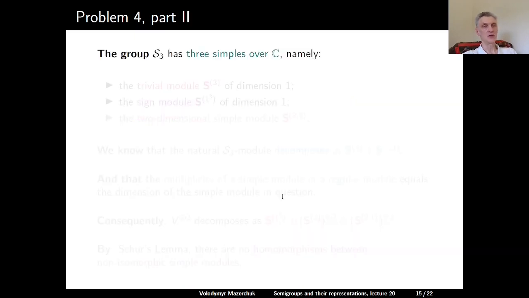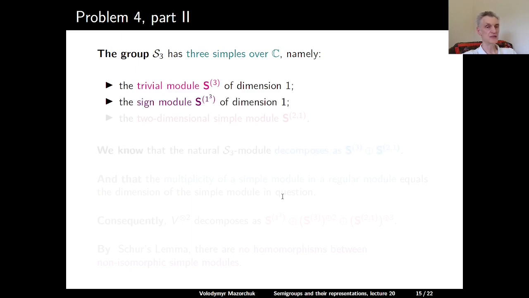Now let's recall what are the simple S3 modules. The group S3 has 3 simple modules over the complex numbers. Namely, we have the trivial module, the Specht module for the partition 3. It has dimension 1. We also have the sign module, that's a Specht module for the partition 1,1,1. It has dimension 1.